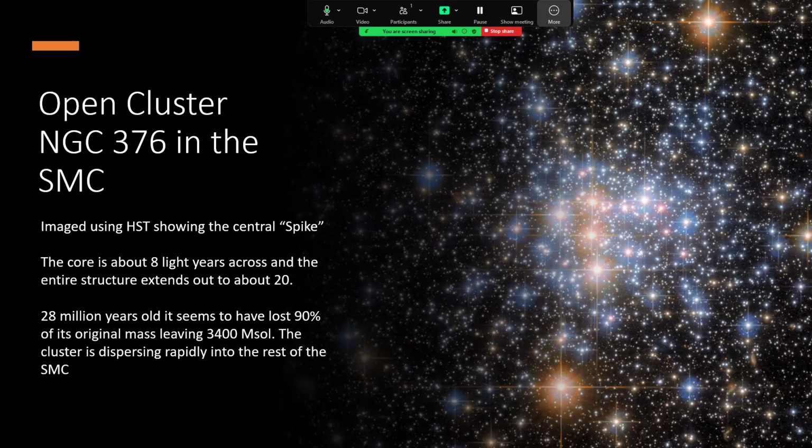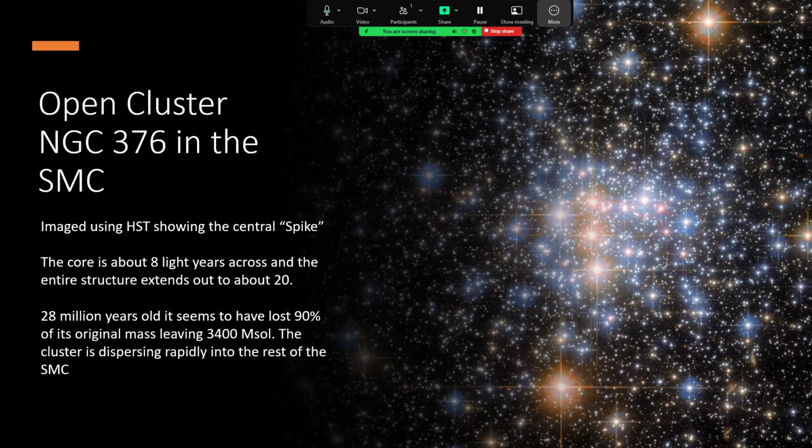It's 28 million years old now, which is still fairly young for a cluster, but it seems to have spat out and lost about 90% of its original material. There's only 3,400 solar masses left, and the rest is spreading outwards and beginning to be absorbed into the rest of the SMC.